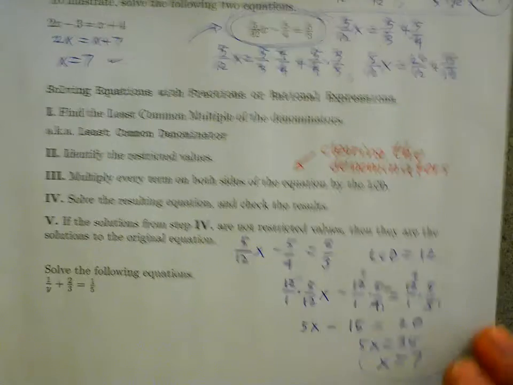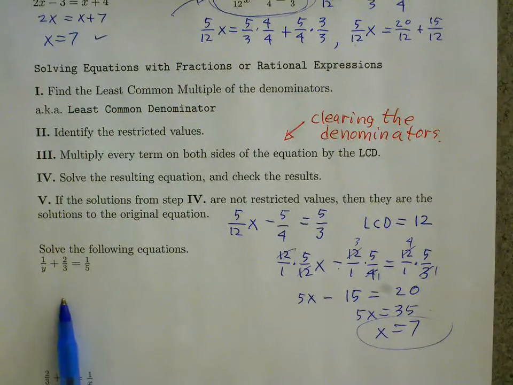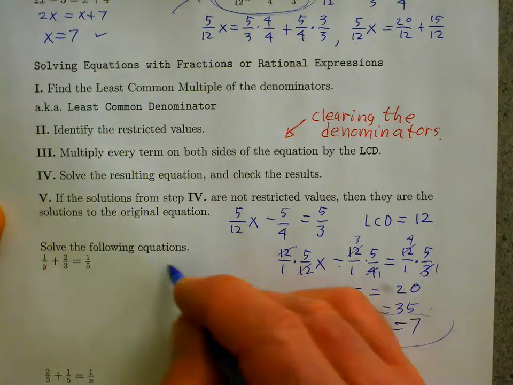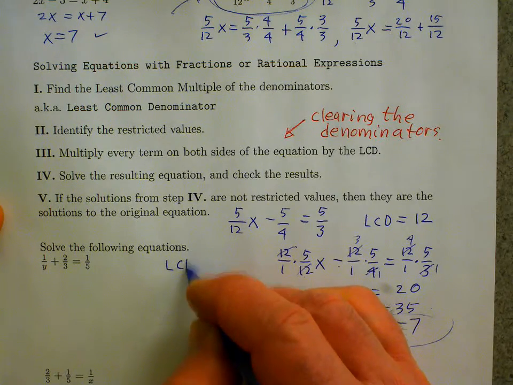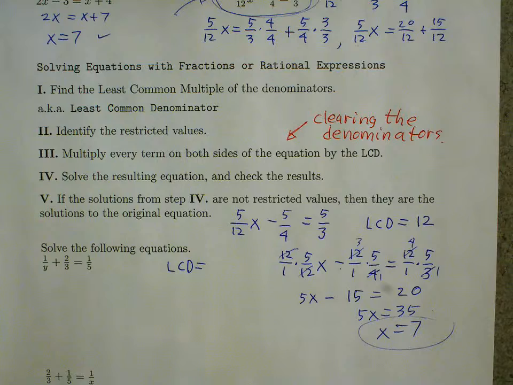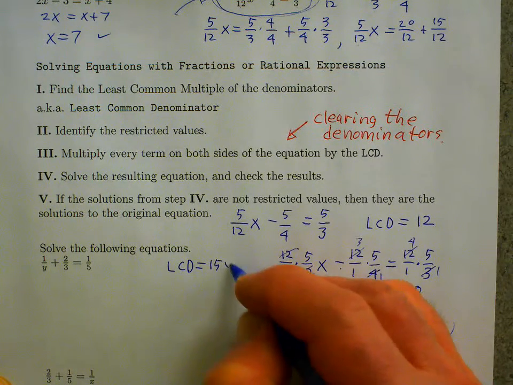Okay, we have about 2 minutes left. Let's at least get started on this one. Solve this equation. 1 over y plus 2/3 equals 1/5. The least common denominator is y times 3 times 5, or 15y.